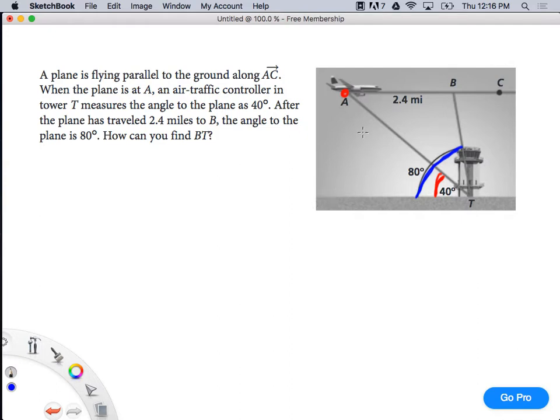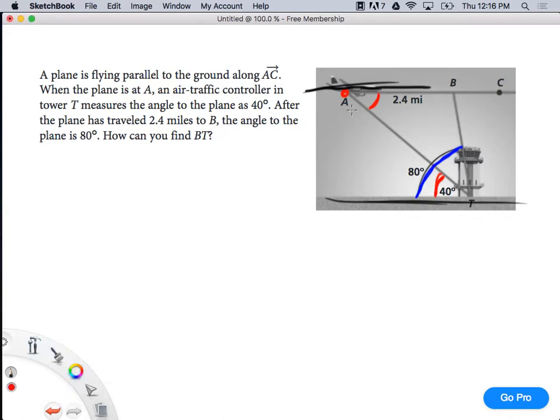When he's at A, if I extend both of these lines out here, then I can see that this angle and this angle are what kind of angle pair? Alternate interior, right?